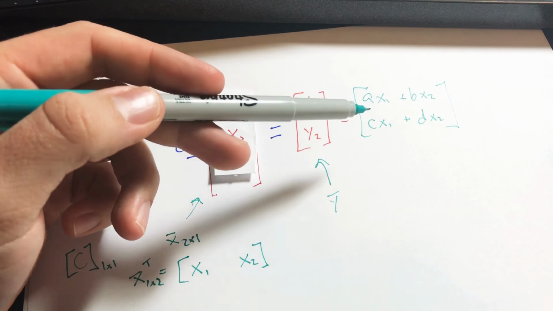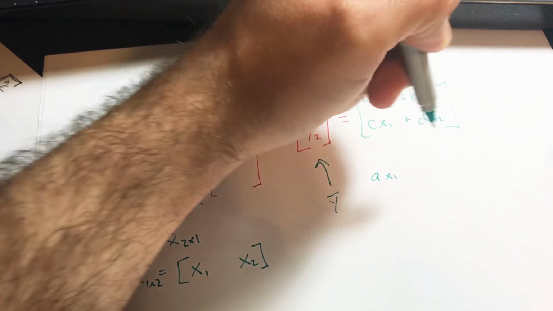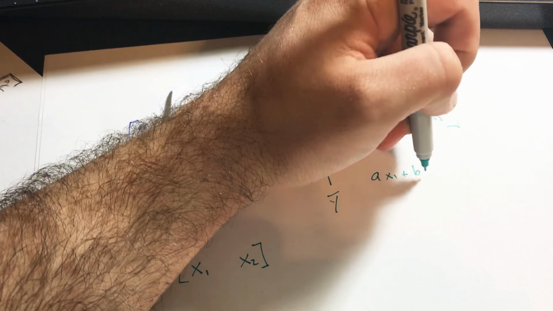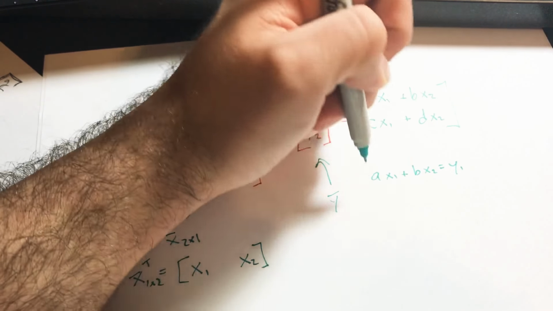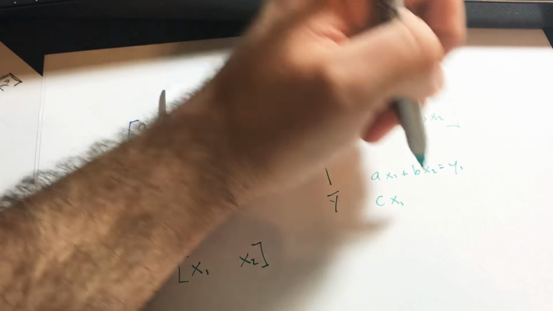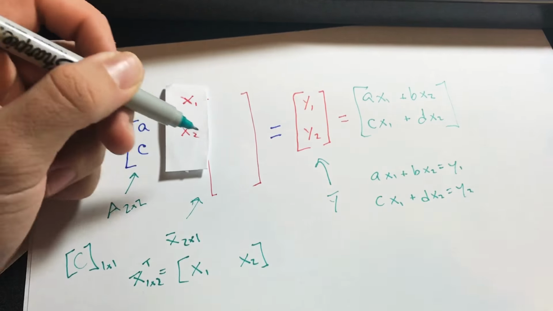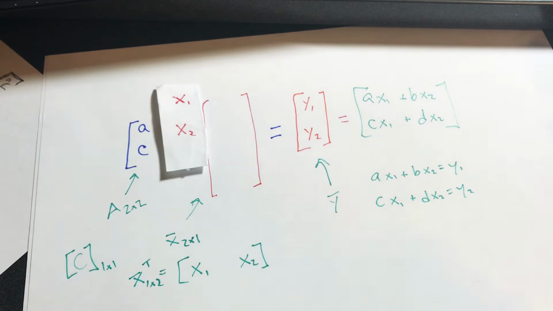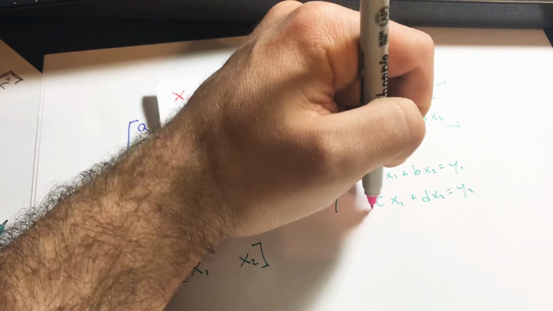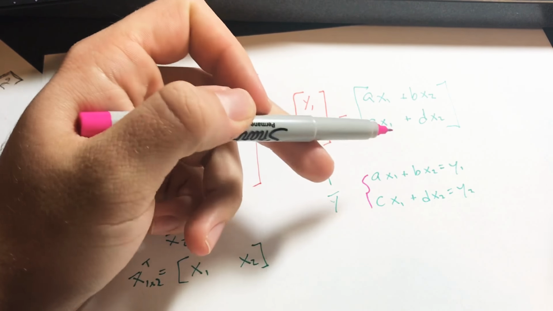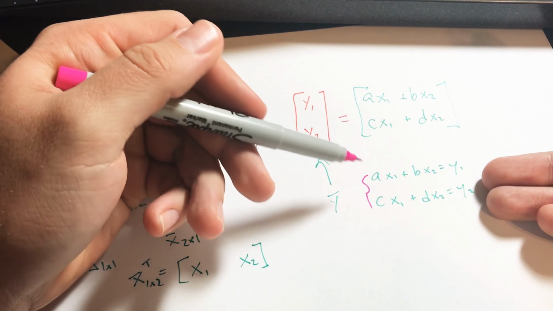I have 2 equations. I have ax1 plus bx2 equals y1, cx1 plus dx2 equals y2. What is this? This right here, we're gonna go pink. This right here is a system of equations. It's 2 equations. You ever been in math and you need to solve something like this?